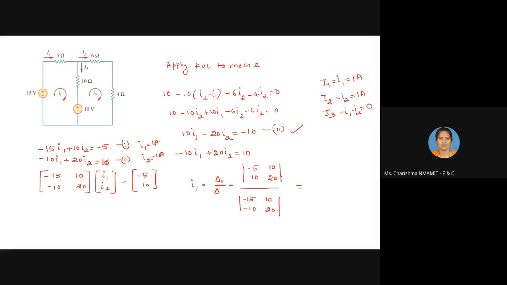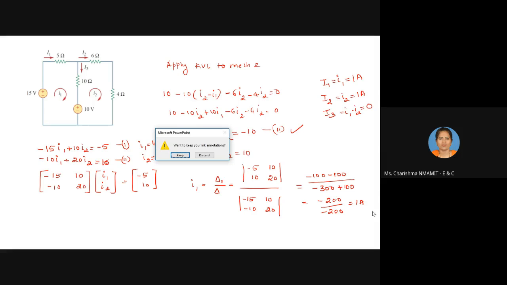It is minus 20 into 5, minus 100, minus 10 into 10, that is minus 100. 50 into 20. How much is it? Minus 300. Minus into minus is plus 100. Minus 200 divided by minus 200, it is 1 amp.